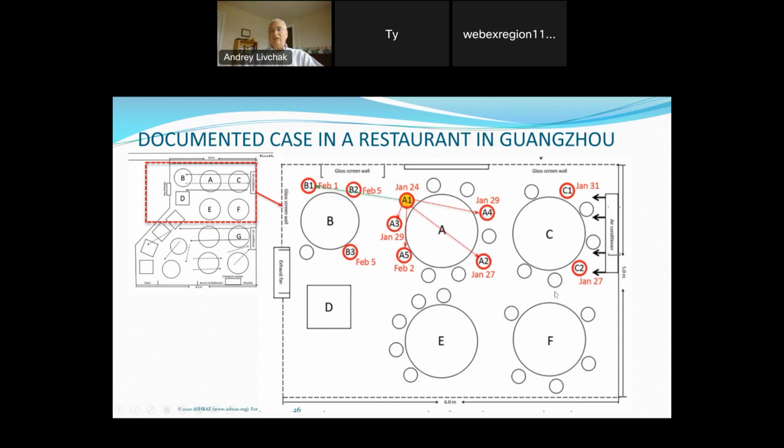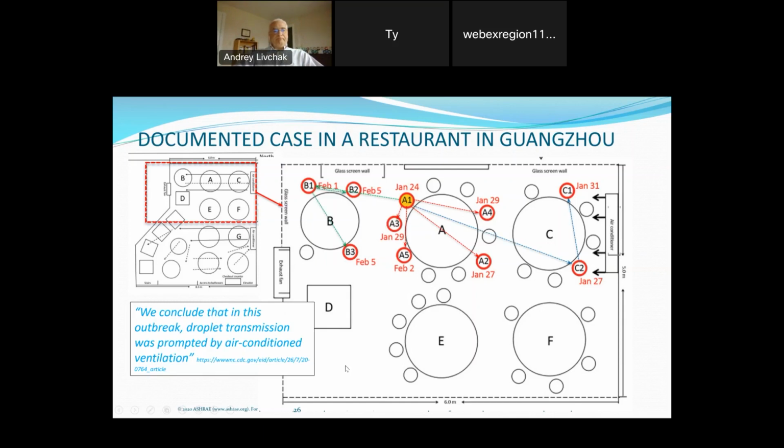The air distribution and ventilation system was the source of contamination for people sitting at tables B and C. And that's where it was concluded that droplet transmission was promoted by air conditioned ventilation. This is a very well documented case.